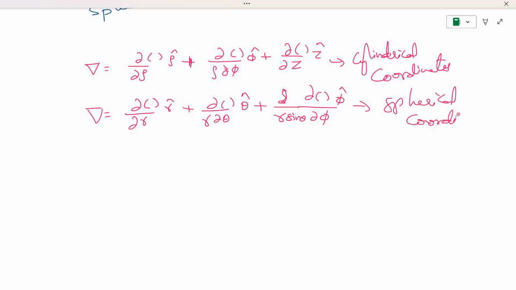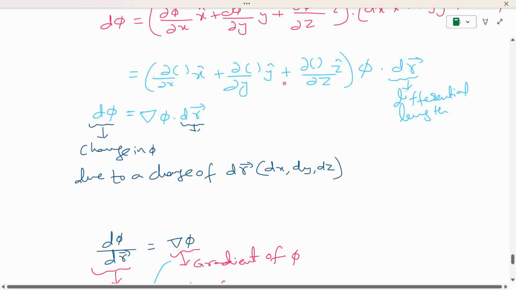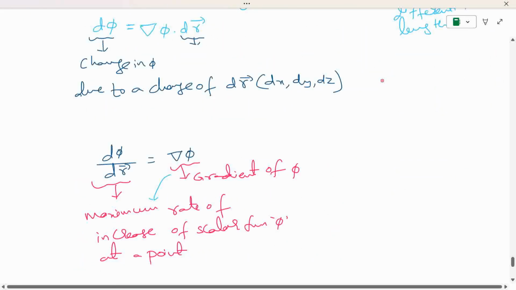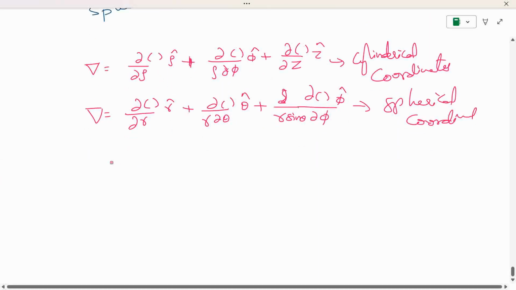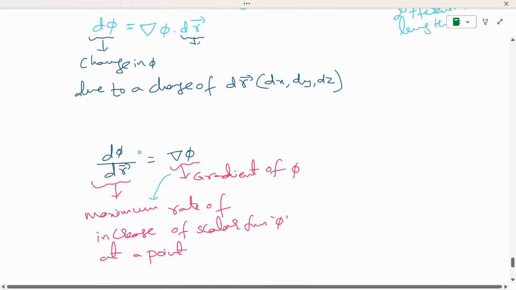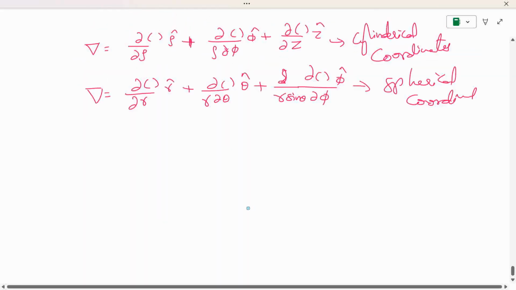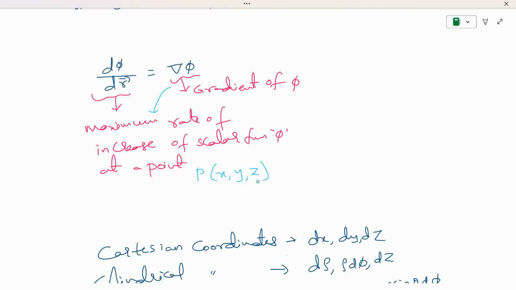I have already written the differential length. So when you multiply in the same fashion with phi, and multiply it with the differential length, you will get the gradient. So in order to calculate the gradient, you have to do the mathematical operation del phi. So del phi is the gradient of phi, the maximum rate of increase of the scalar function at a point P. Here in Cartesian coordinates, the point will be given as x, y, z.